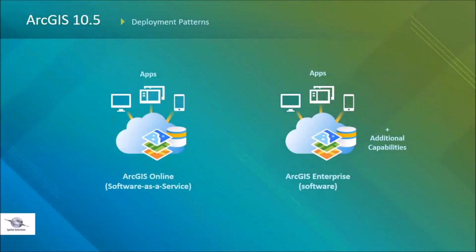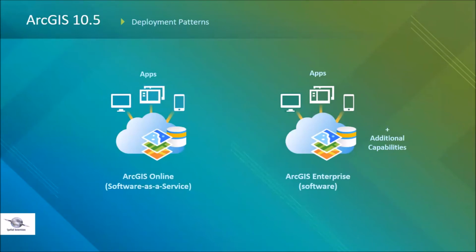So we've gone through the components of the ArcGIS platform, and now we're going to go through the different deployment patterns. So Esri provides flexible deployment patterns for the various components of the ArcGIS platform.